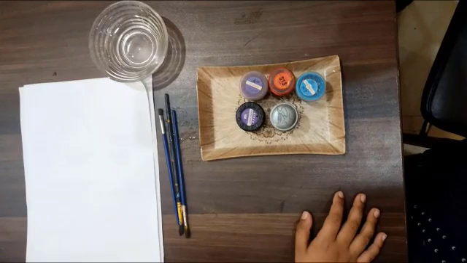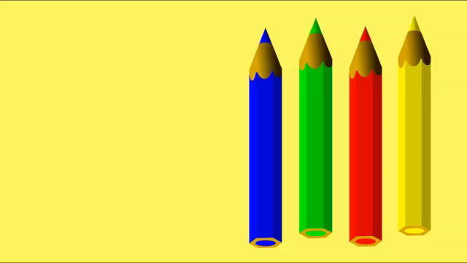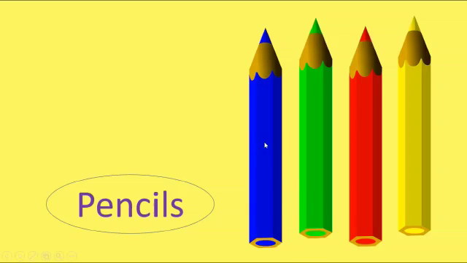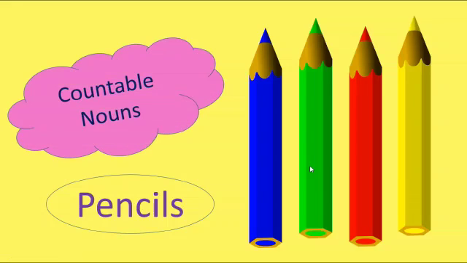Let's move forward and look at some other nouns. First is pencils. Count with me 1, 2, 3, 4. ये तो काउंट हो सकते हैं. जो नाउन काउंट हो सकते हैं, these are countable nouns.